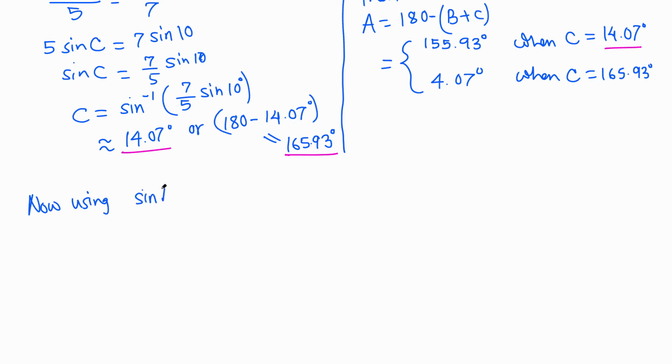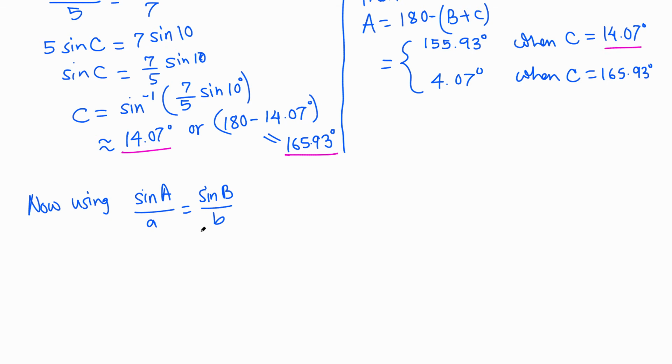Using sine A over a, where lowercase a is to be determined, equals sine B over b. Angle A has two different values, so it will be two cases.